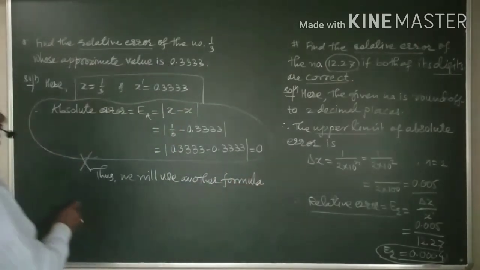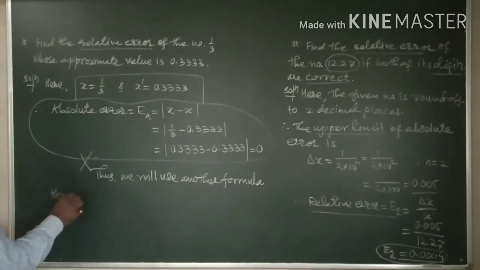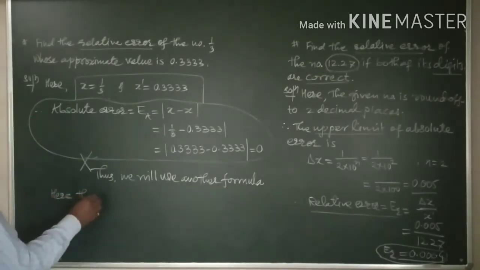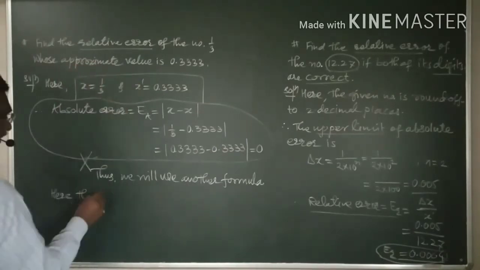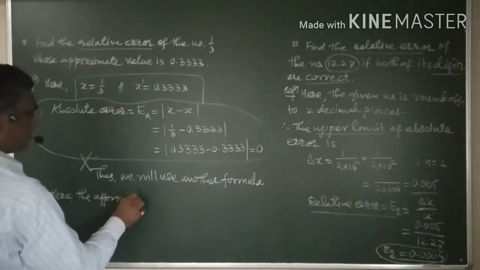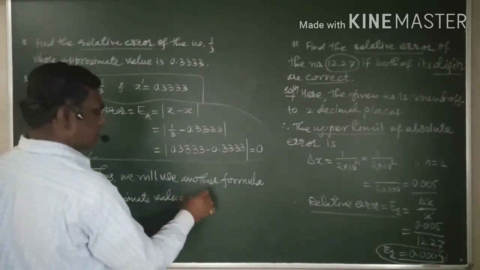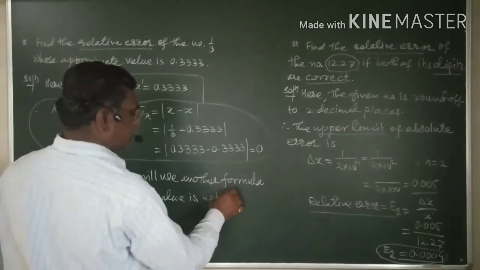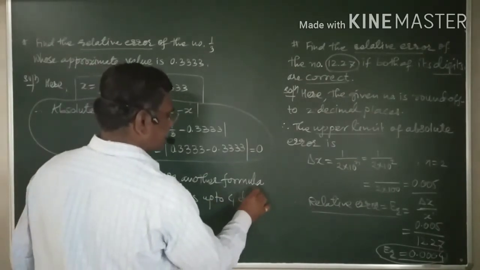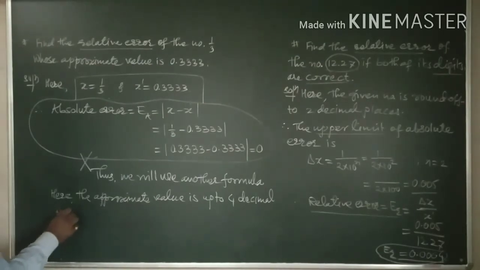Which formula is to be used? Here the approximate value is given up to 4 decimal places.